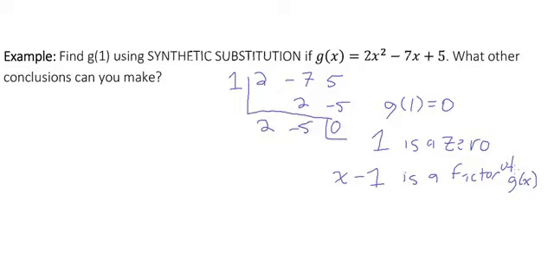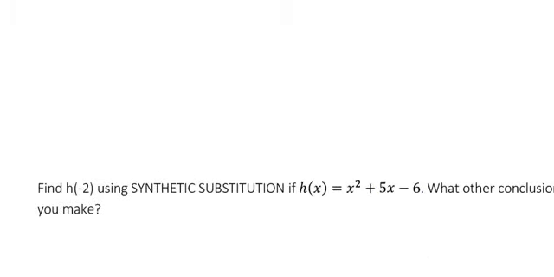So that's how I can use synthetic substitution to evaluate function notation, and then it'll also be able to tell me if that number is a 0 and if its corresponding factor is actually a factor of the original function or not.